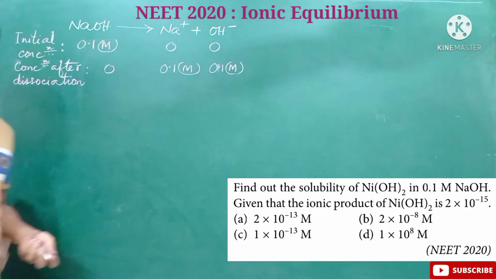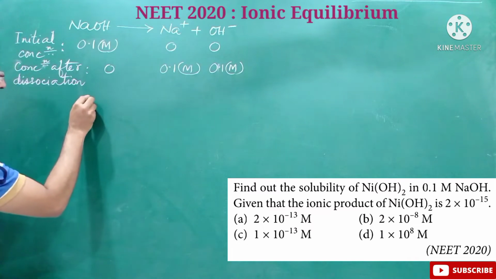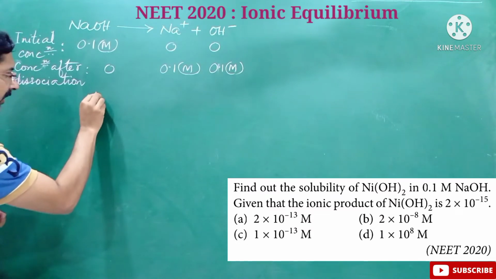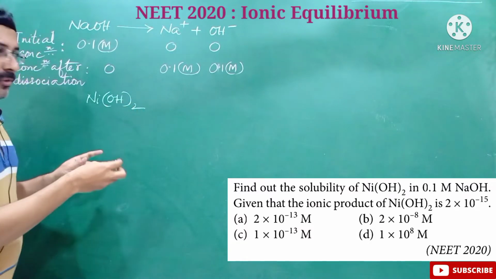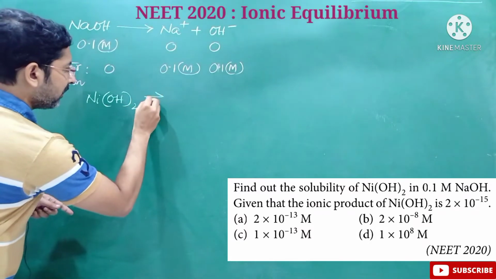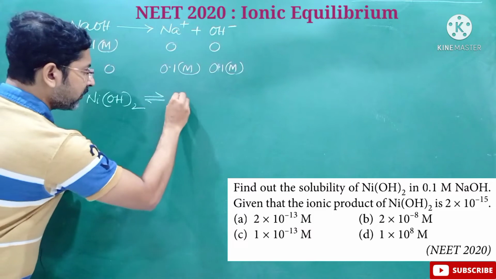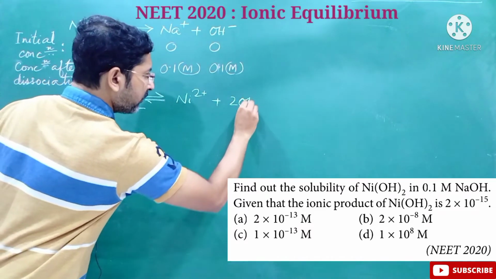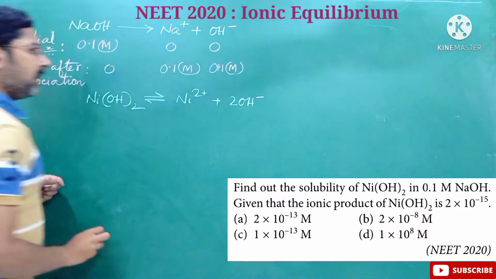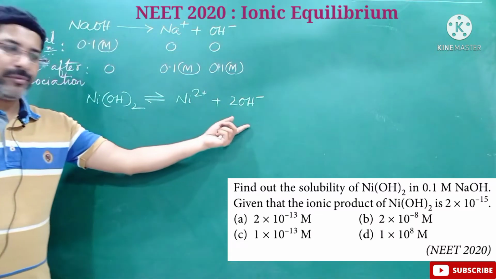Now nickel hydroxide is a very sparingly soluble salt, so it remains in equilibrium with its ions, that is Ni2 plus and 2OH minus, and of course all are present in aqueous solution.